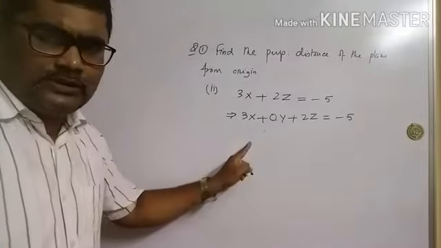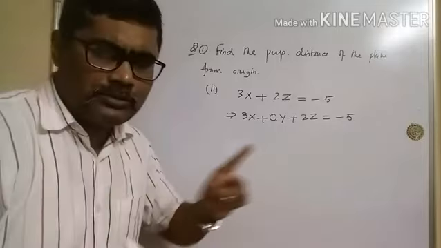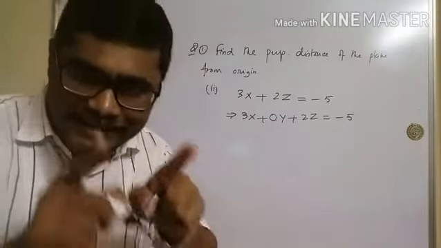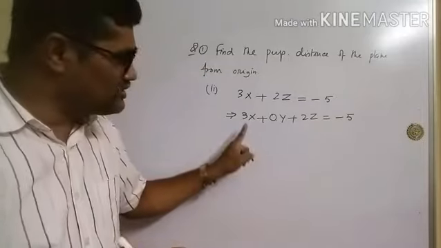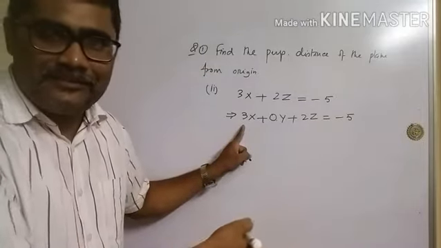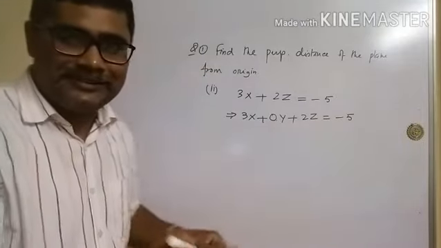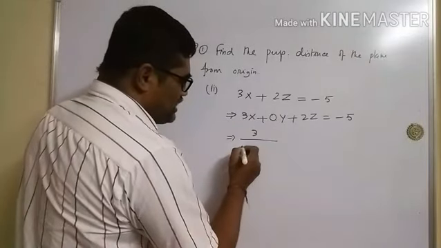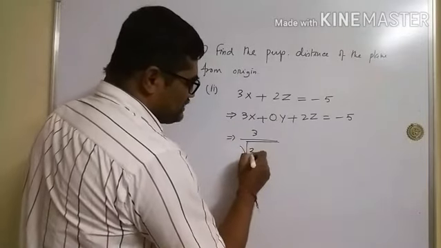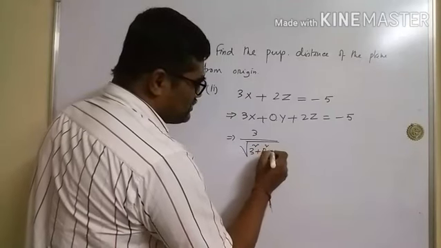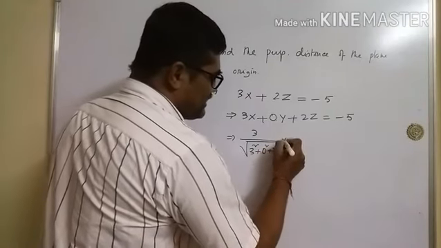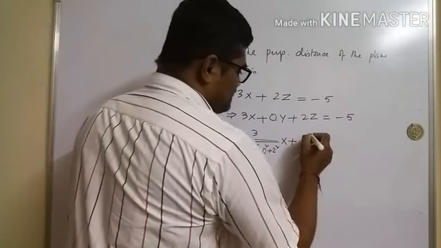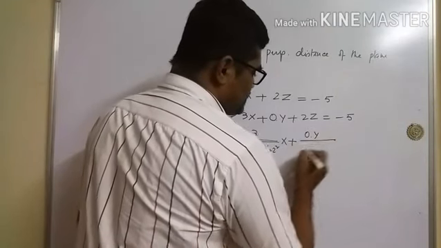Now it's very clear. Will they form direction ratio? Yes, direction ratio, not direction cosine, because 3 square itself is 9. If you add something to it, it cannot be 1, right? Okay. So what is the process? We have to divide it by root over 3 square plus 0 square plus 2 square. Then 0, if you would like to waste your time, you can divide this also.